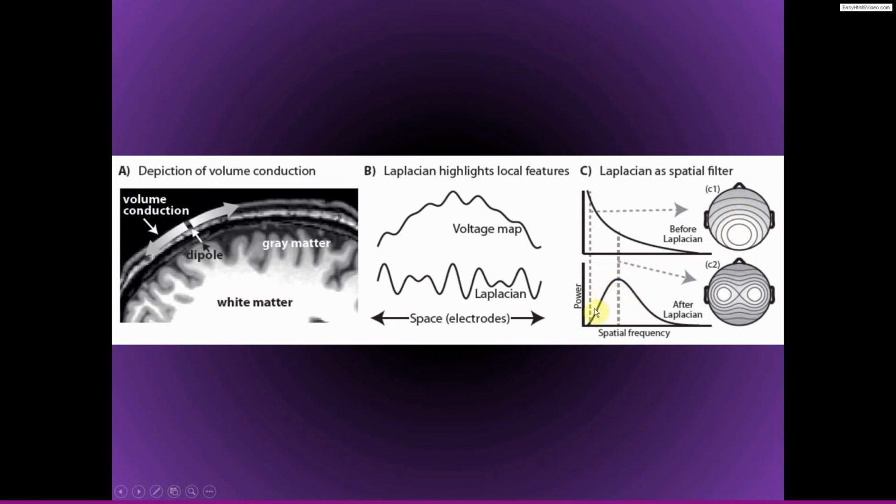With the Laplacian, we can attenuate these lower spatial frequencies, and that allows us to recover higher spatial frequency activity, so more local activity, that is technically present in the non-spatially filtered data, but more difficult to extract.